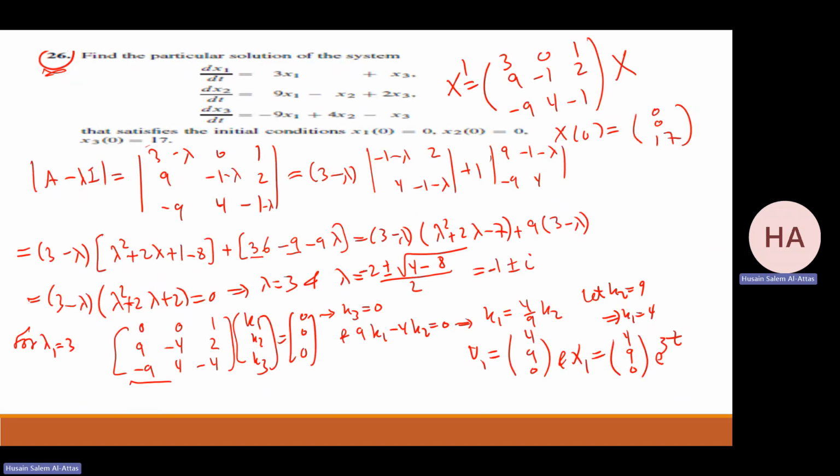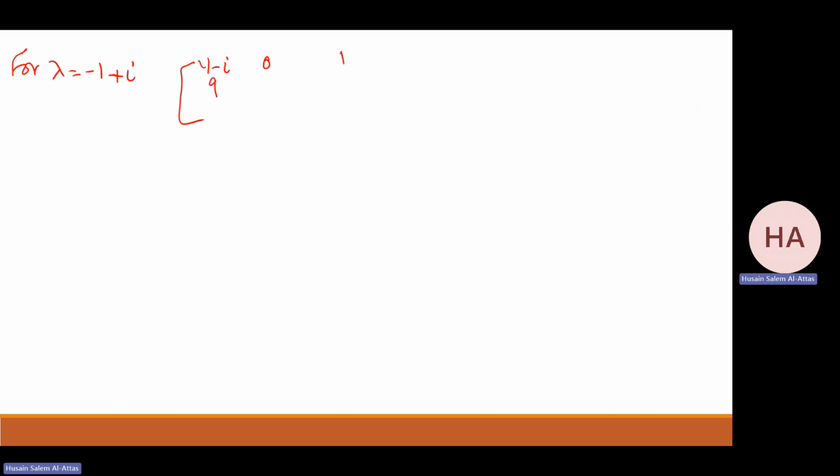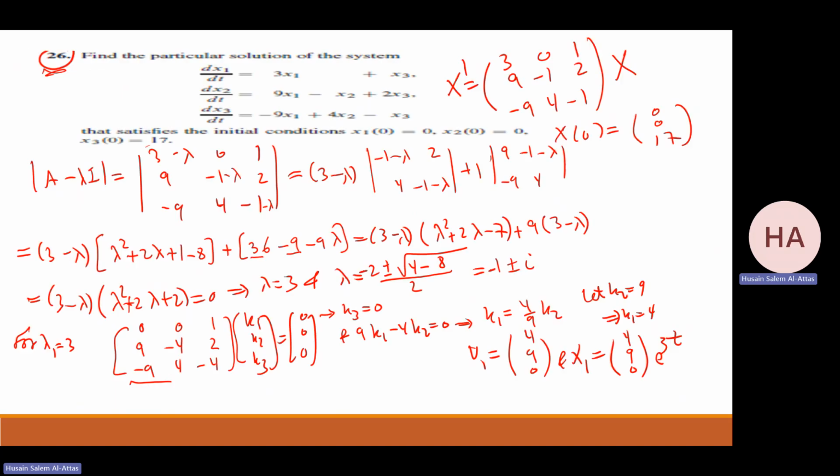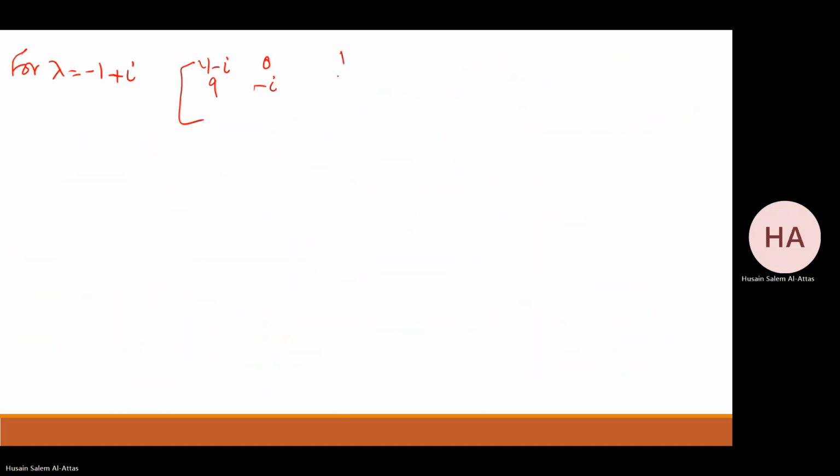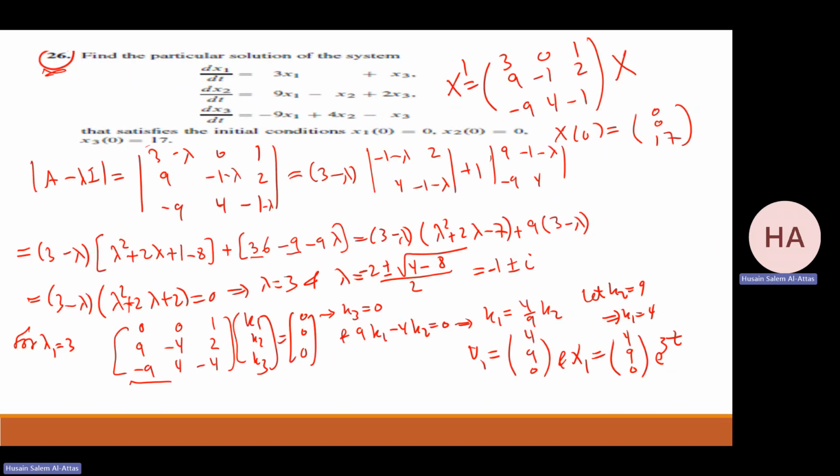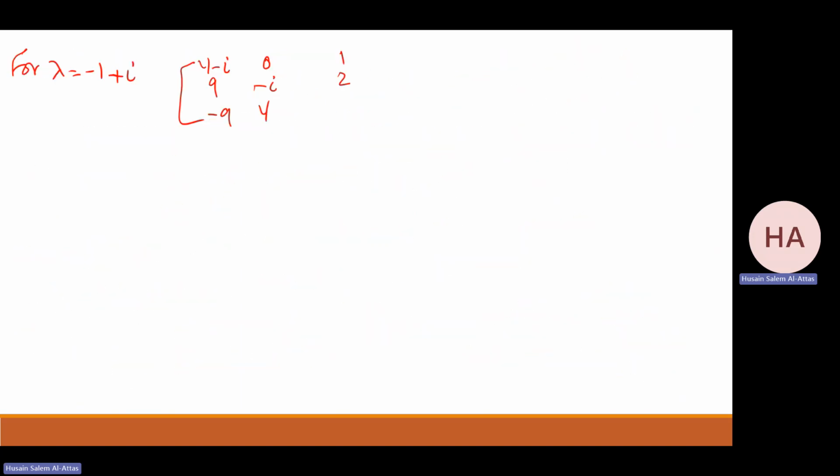What is the other one? Minus 1 minus minus 1, that will be 1, so I have minus i. And 2. I have minus 9, 4. The last thing is minus 1 minus, that will be minus i again. Times K1, K2, K3.